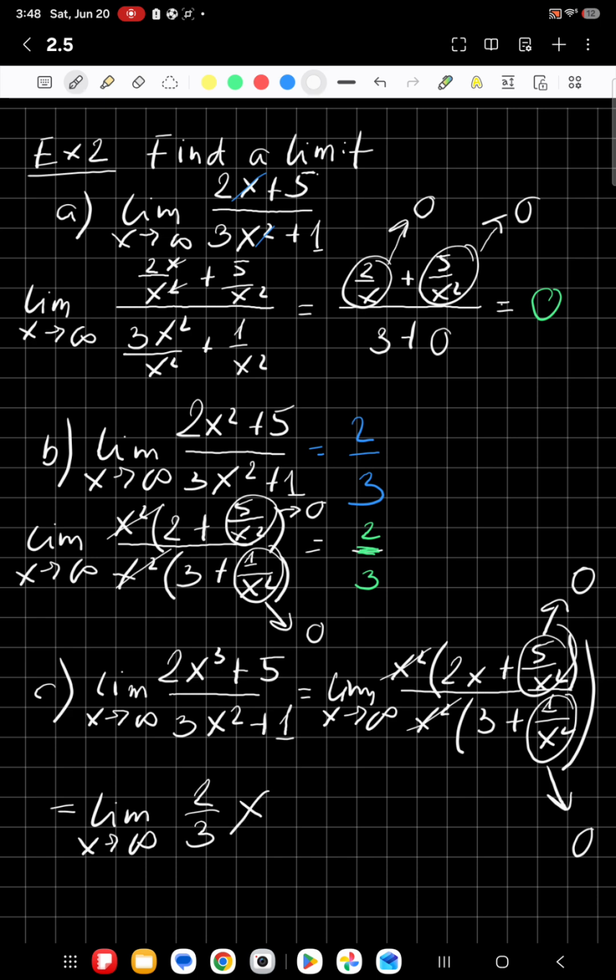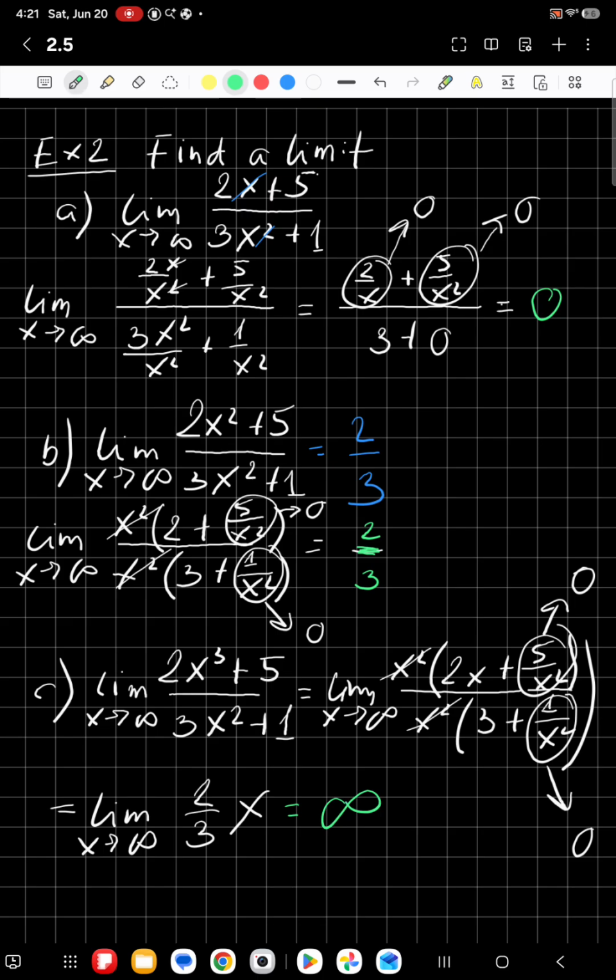Yes, it's just algebra. This goes to 0, as you see, this goes to 0, and it cancels. So we have 2x on top divided by 3, the same as this. If we start plugging in larger and larger numbers, the whole thing goes to infinity.